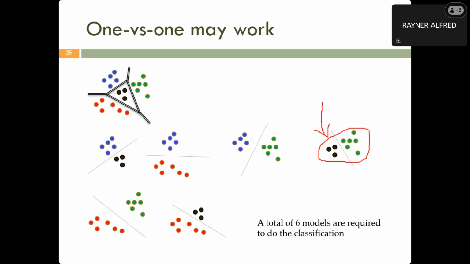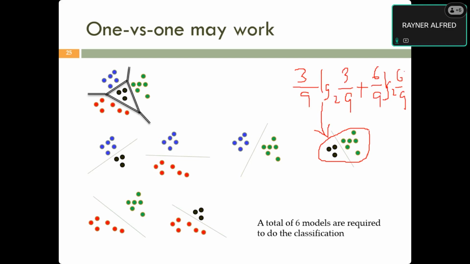This is 3/9 log 2 3/9 plus 6/9 log 2 6/9, and everything should be negative. Okay, so that is before you split.